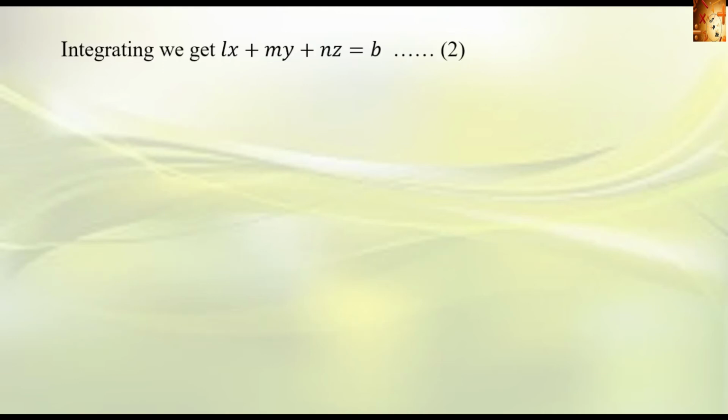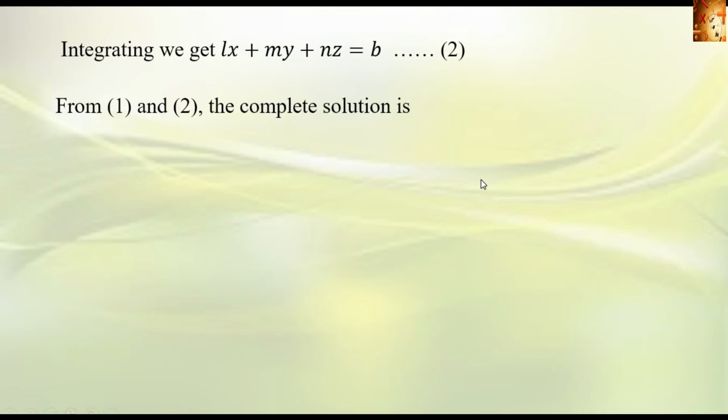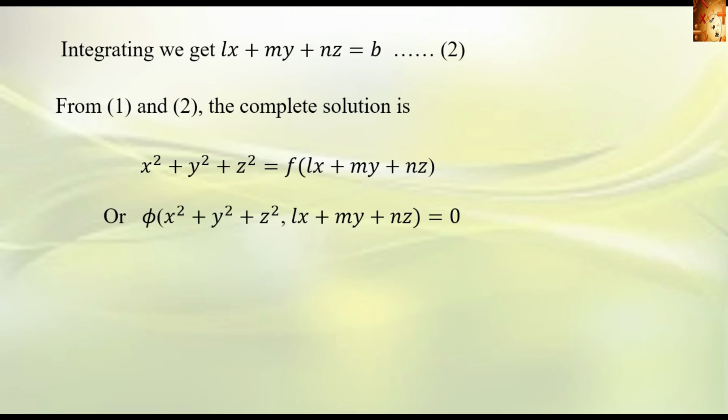On integrating we get Lx plus My plus Nz equal to b. So we get the two solutions. Therefore, the complete solution is phi of x square plus y square plus z square comma Lx plus My plus Nz is equal to 0, or x square plus y square plus z square equal to f of Lx plus My plus Nz.